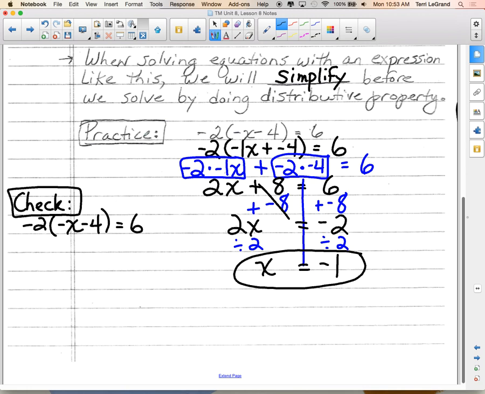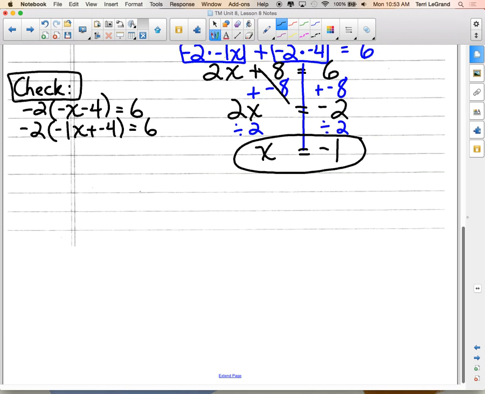Well, guess what we're going to do before we substitute? We're going to give it the add the opposite name and put that -1 in there again before we substitute in. So we haven't even started checking yet. We're just getting ready again.